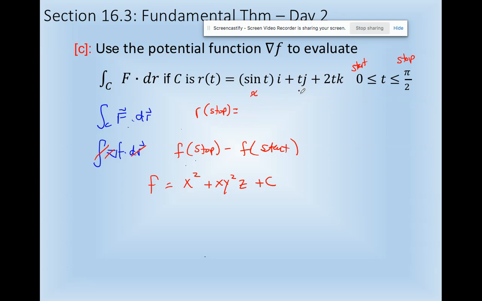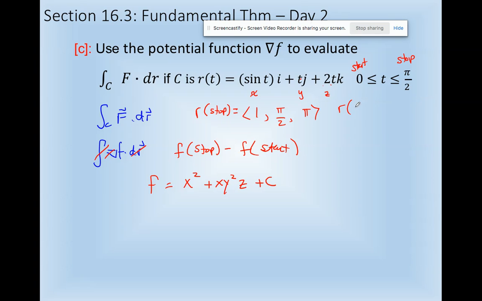Isn't r of stop sine of pi over 2, pi over 2, and 2 times pi over 2, right?